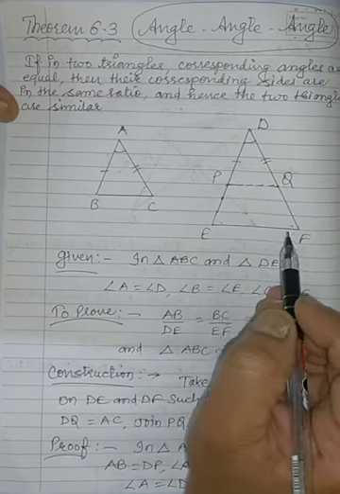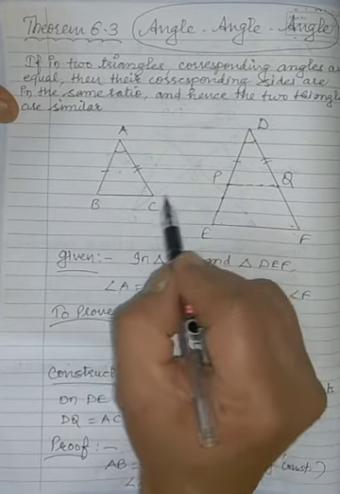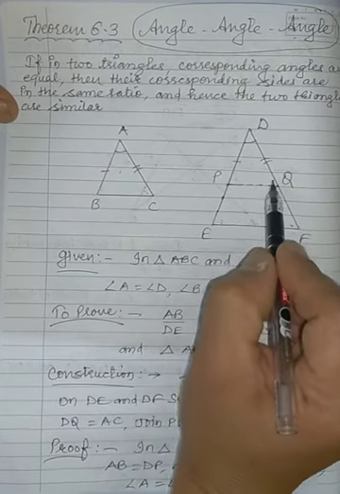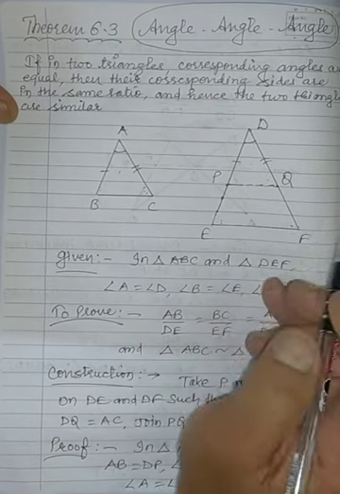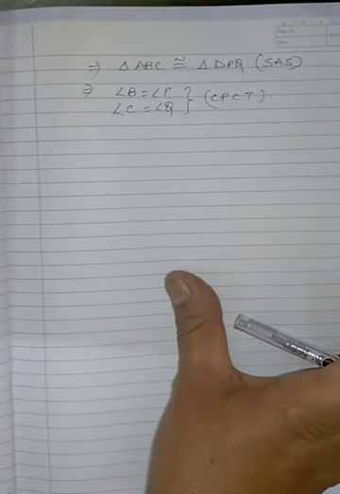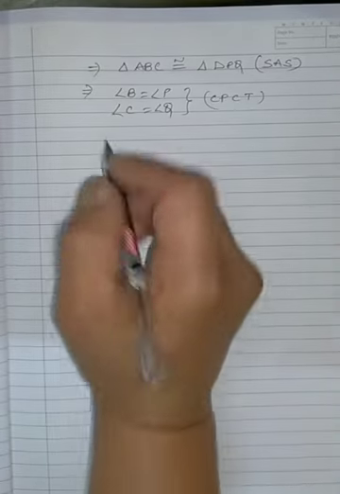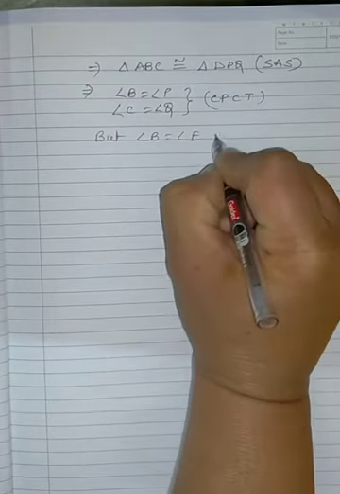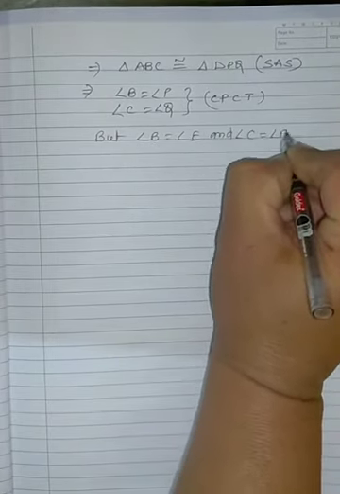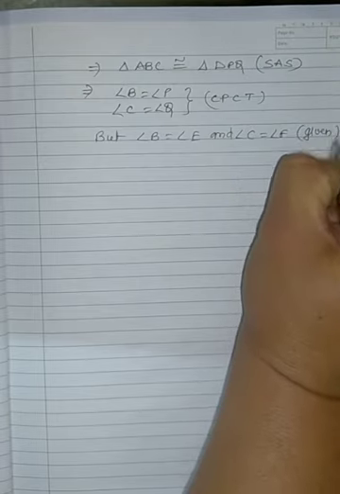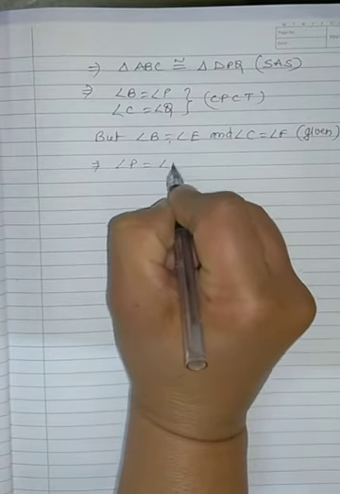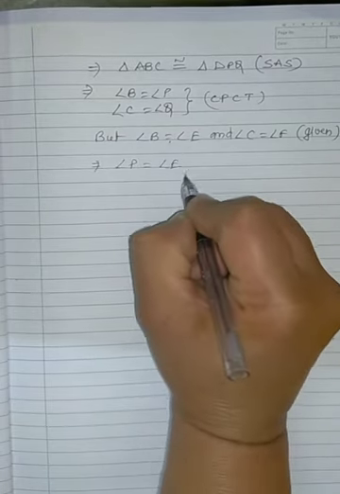And we are saying that angle B is equal to P also and angle C is equal to Q also by CPCT. So using these two, angle P is equal to angle E and angle Q is equal to angle F.